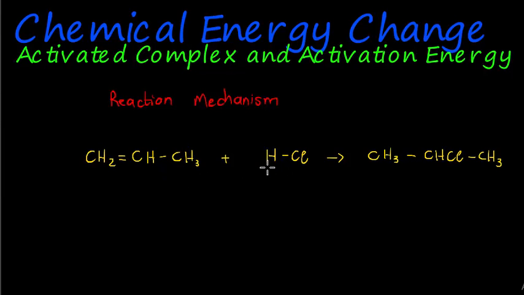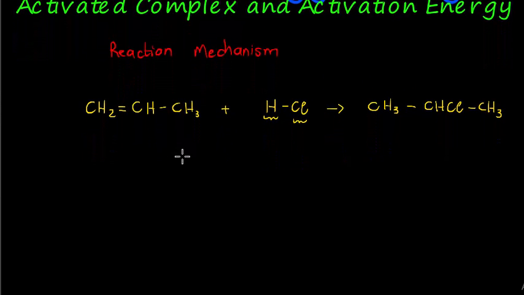In other words, we add a hydrogen and a halogen to an unsaturated hydrocarbon. In this case, we have propene, and that produces this. But how does this reaction actually happen?